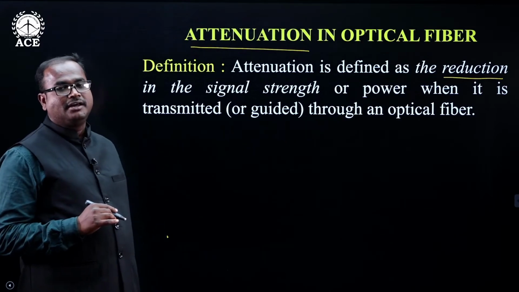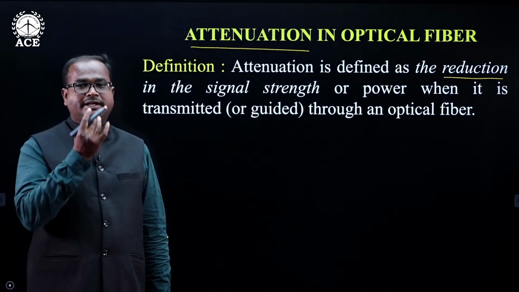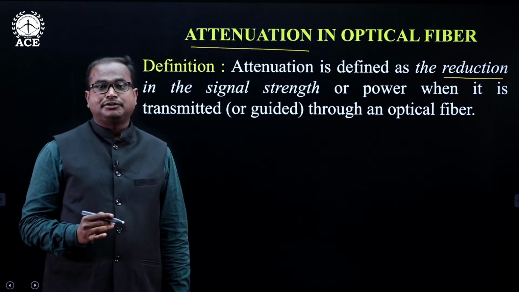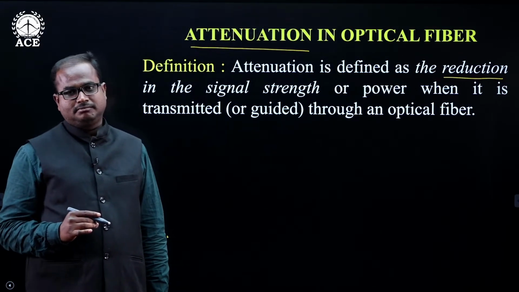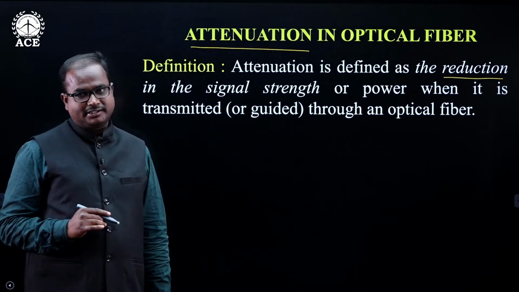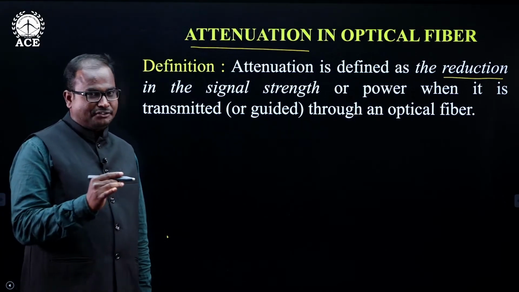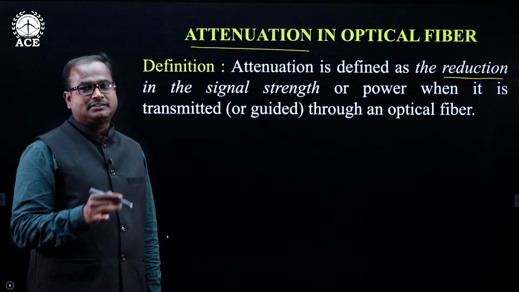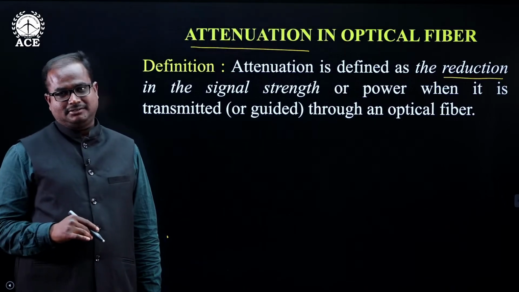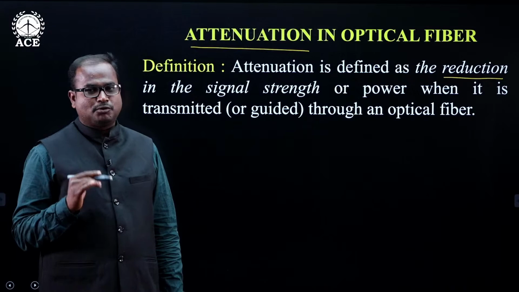This is the definition of attenuation. Sometimes you will get questions such as explain attenuation in optical fibers, what is attenuation, or write short notes on attenuation. The question will be asked in various ways, so this definition is very, very important.